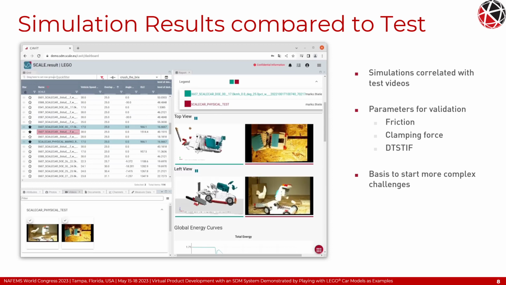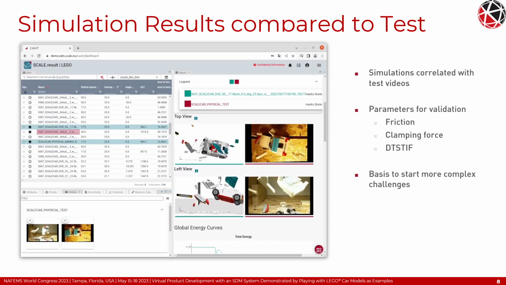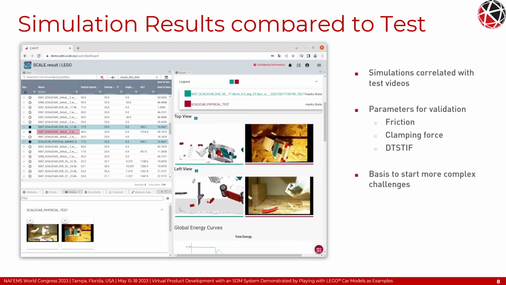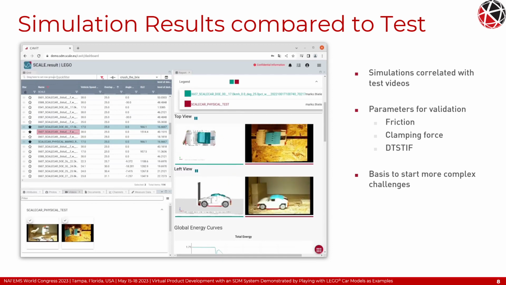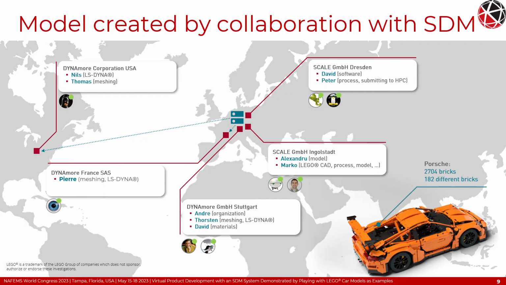But this was also the basis to start more complex challenges, because now I had a working process, and approaching the actual Porsche Lego model was then only a matter of meshing the 182 different bricks which were used in the Porsche car.